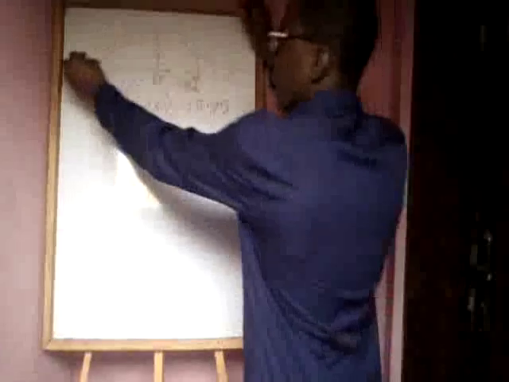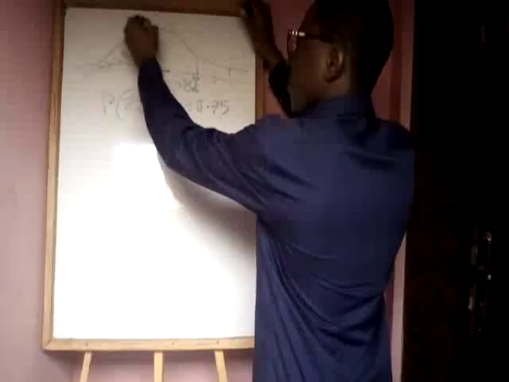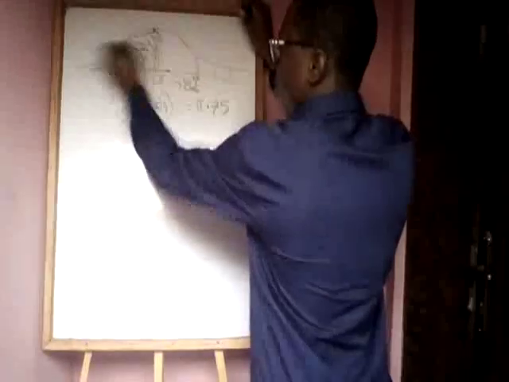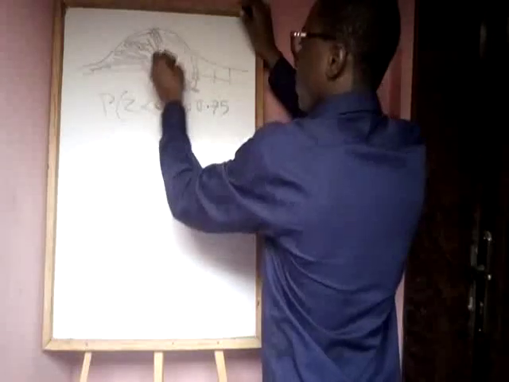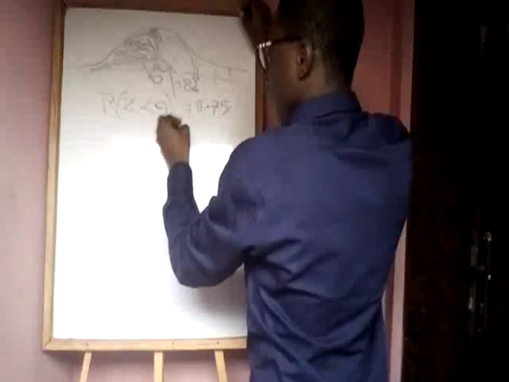But you should know that this curve has a total area of 1, so half of it is 0.5, and then we need 0.25 here. That means we'll be taking 0.25.